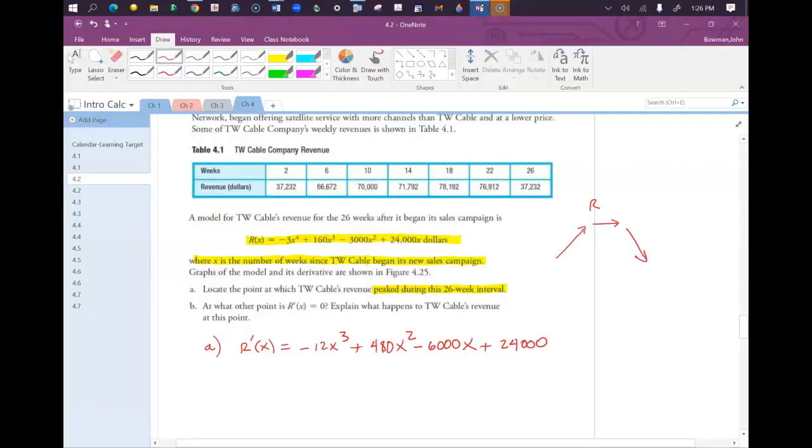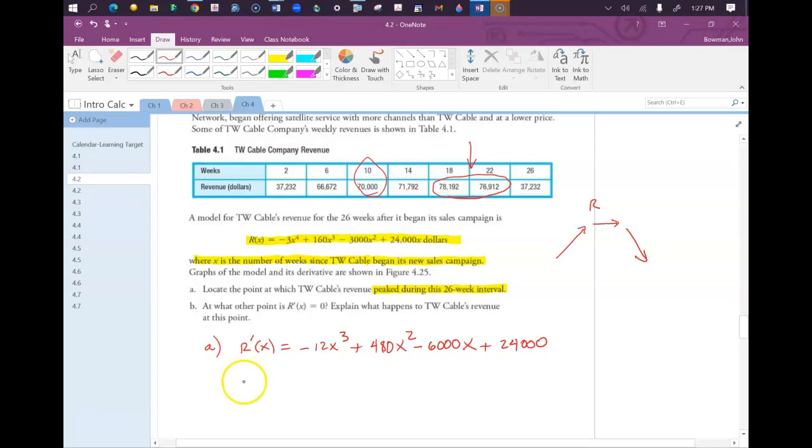So if we go back and look at this graph, we'll see at week 10 they had a value of 70,000 revenue dollars, but at week 20, which kind of makes sense in here, somewhere between 78 and about $77,000, they reached a maximum there.